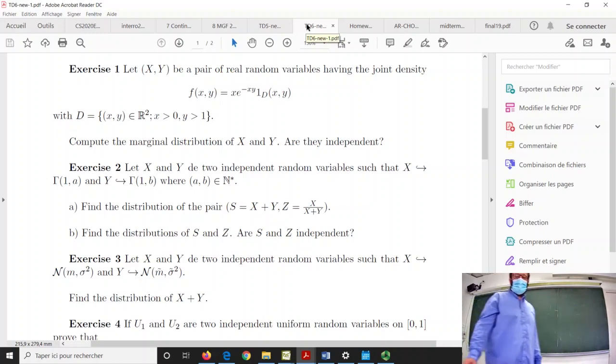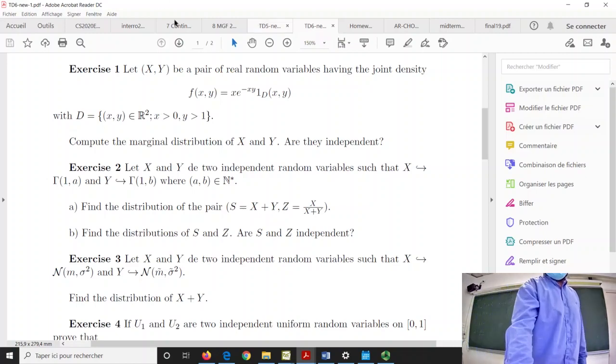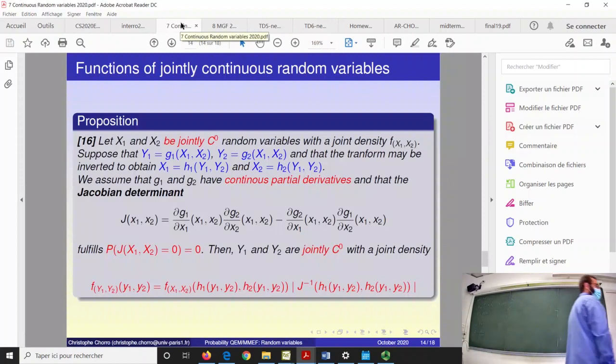Your job is the following. Using this proposition correctly, I want you to find the joint distribution of the new pair, that is the joint distribution of S, Z, and to obtain from this joint distribution the distribution of S and the distribution of Z, and at the end to check if they are independent or not. So three things.